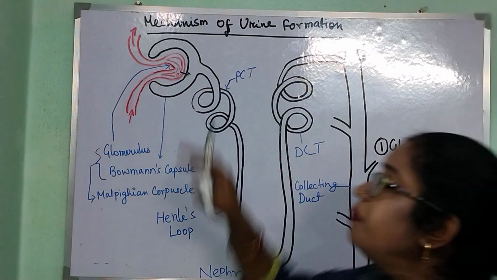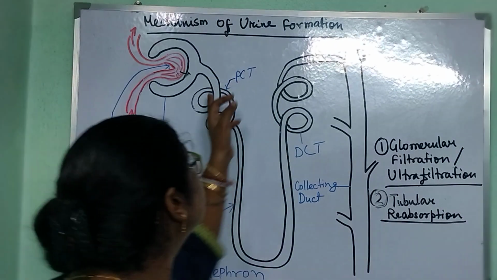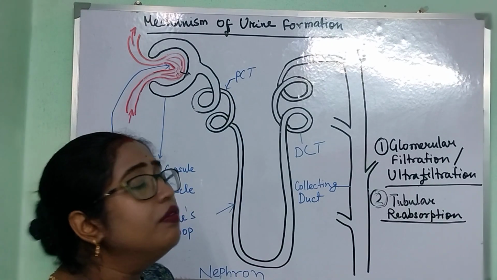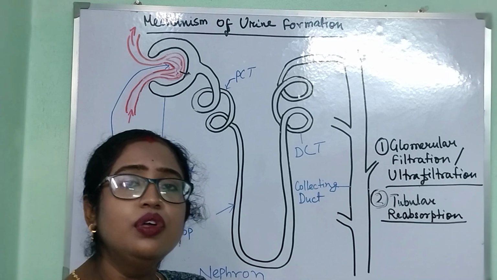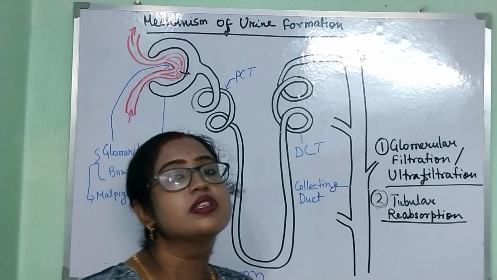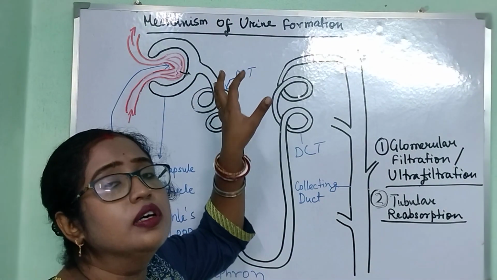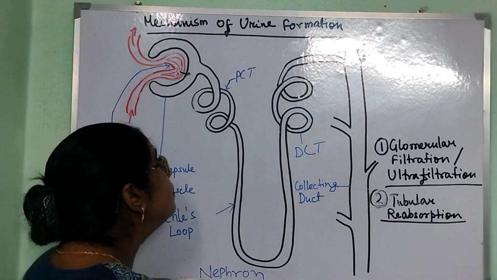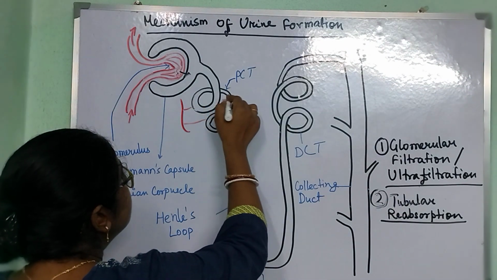First in the PCT, the filtrate comes via peristaltic movement. When the filtrate is present in the PCT, some amount of water, amino acids, minerals, and some amount of glucose is absorbed by the blood vessels present beside the PCT.